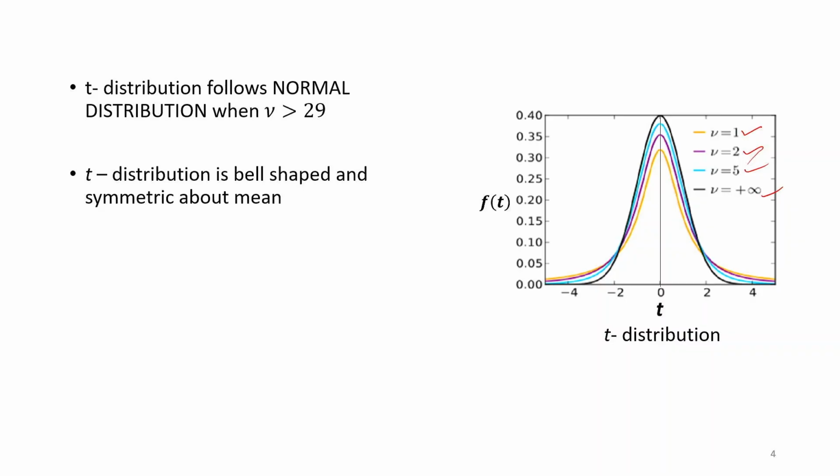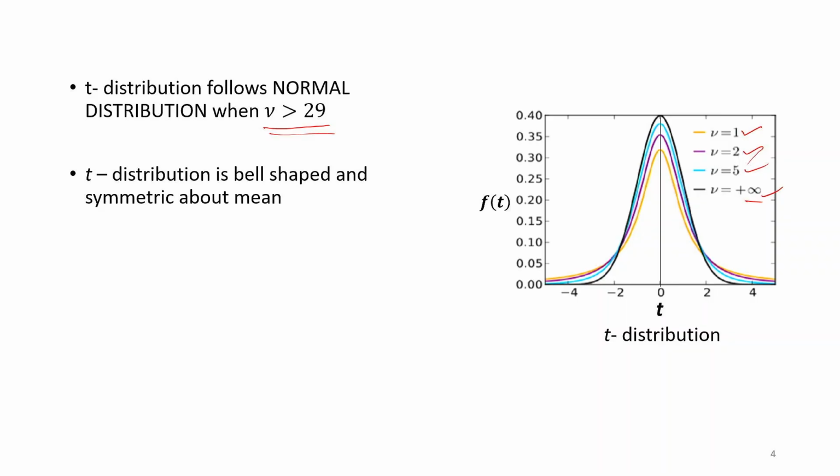When ν is infinity, the T distribution becomes exactly equal to the normal distribution. So ν infinity basically means ν is more than 29. That is, if we take a sample size of 30 or more, then ν is very high, and the distribution you would expect will be very close to the normal distribution.